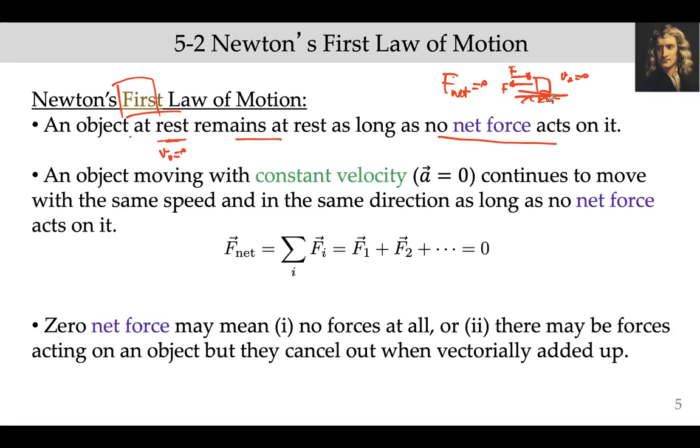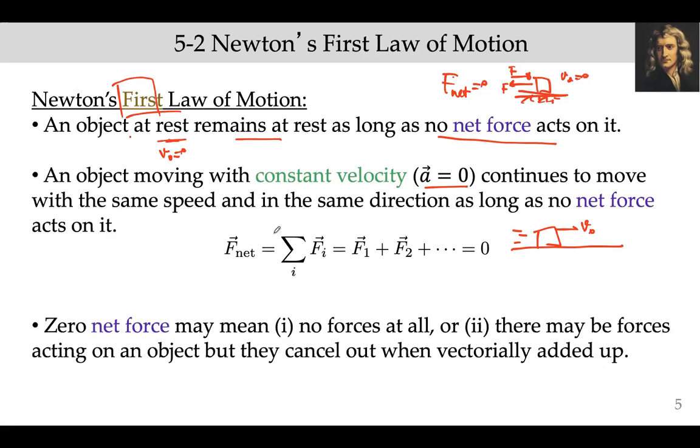Okay, what about the situation where the object is moving? An object moving with constant velocity, that means there's no acceleration. It's already moving with constant velocity. So it continues to move with the same speed and in the same direction as long as no net force acts on it.